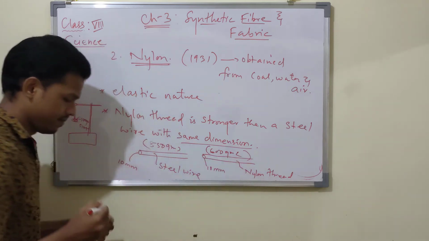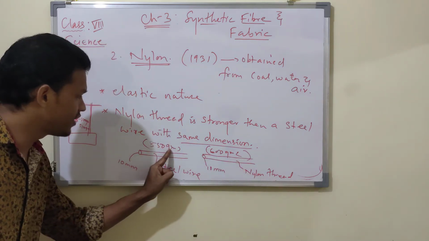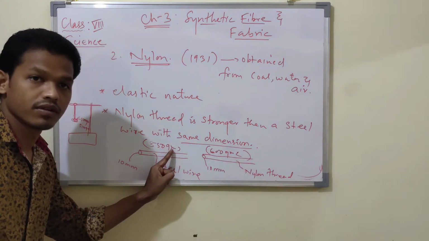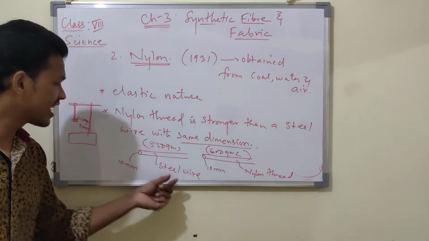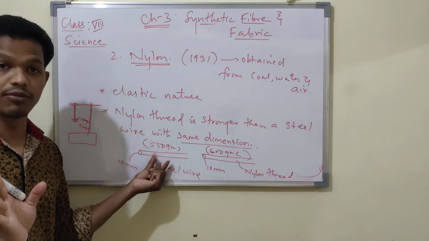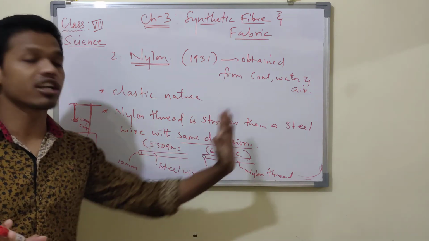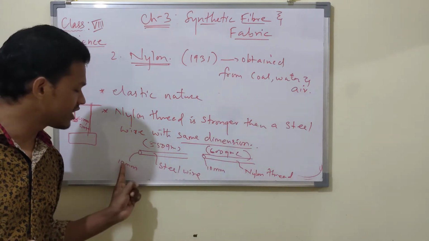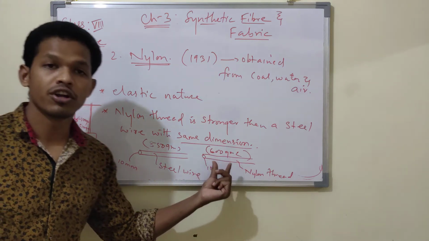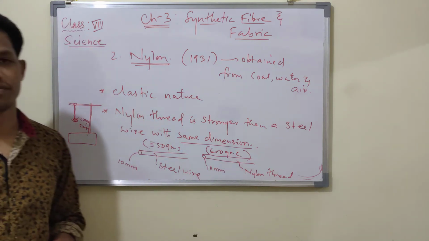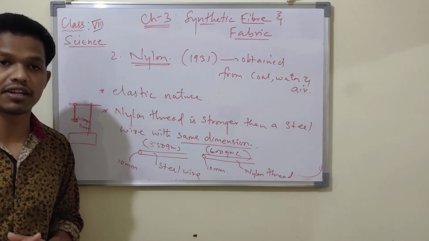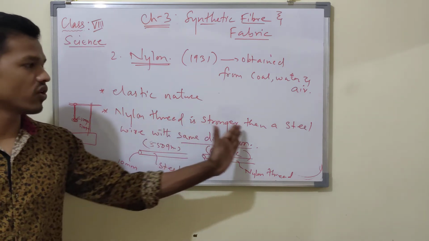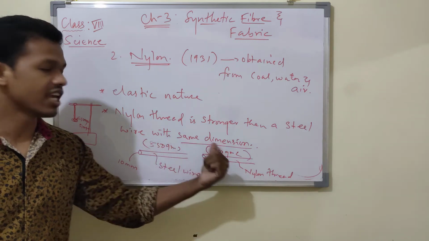It has the same dimension, 10 mm, but more strength to carry a load. So from this, what do you observe? You observe that a nylon thread is stronger than a steel wire with the same dimension.